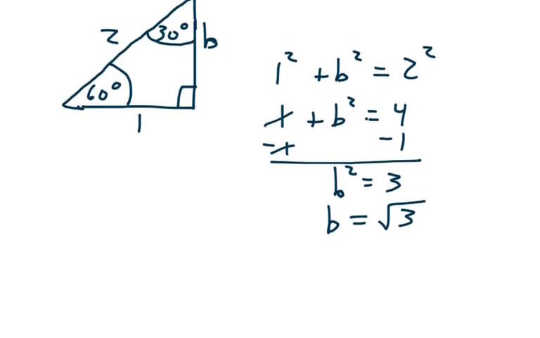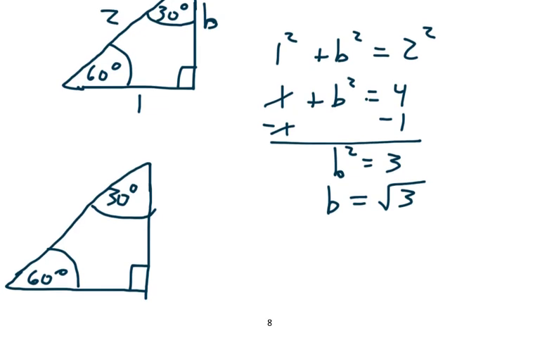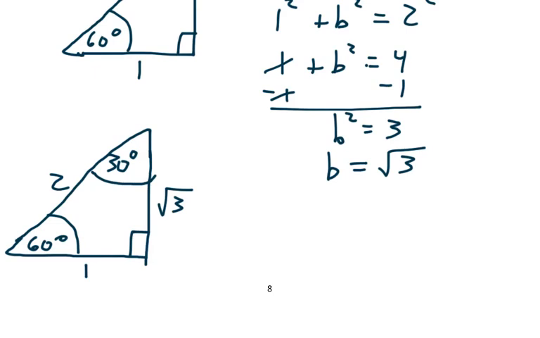Okay, so now let me draw the triangle one more time. Here's 60 degrees, and of course this is 90. So what we have then is 1, square root of 3, and 2. With this triangle, we can now obtain, using SOHCAHTOA, what sine and cosine of 30 and 60 degrees are. So first, let's get the sine of 60 degrees.